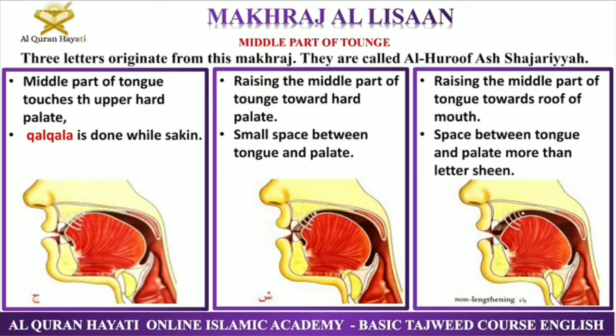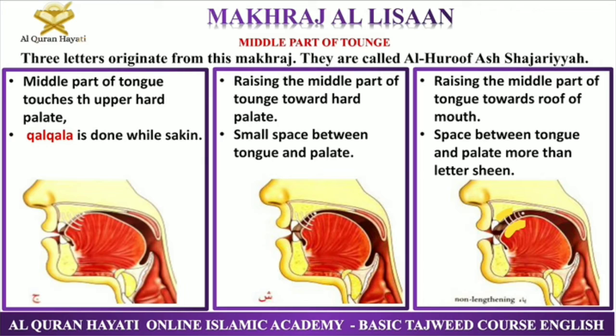The last letter of Wasatul Lisan is the ya. The letter ya is pronounced from the middle part of our tongue, rising towards the upper hard palate. You can see the space between the middle part of the tongue and hard palate is more than for the letter sheen.